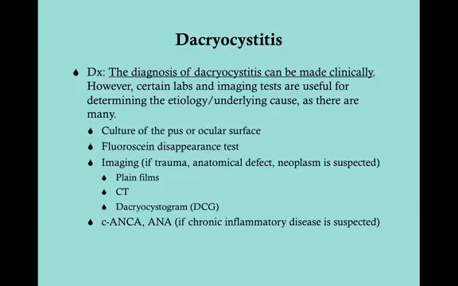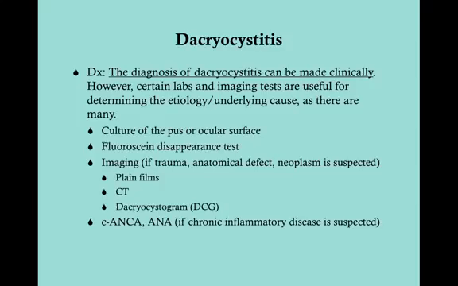So you don't have to do these tests, but some of these are recommended. So you're almost always going to want to get a culture of the pus or of the ocular surface, definitely in cases of acute dacryocystitis. And the reason for that is we want to know exactly what bacteria is causing this, so that if the dacryocystitis does not respond to antibiotics, if we know what the bacteria is, we can change the antibiotics appropriately.